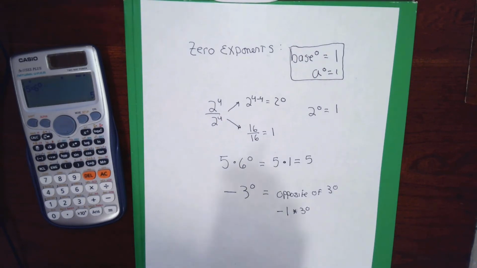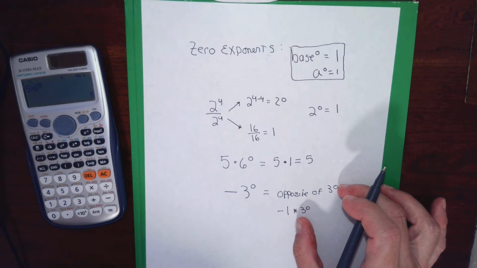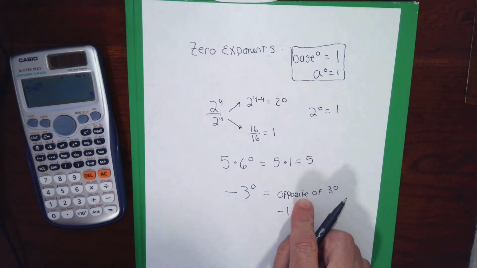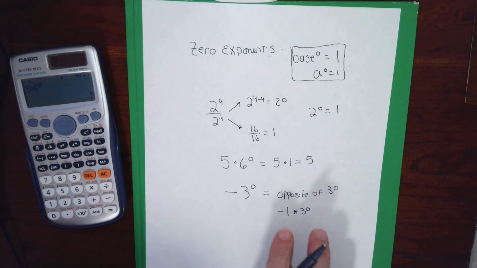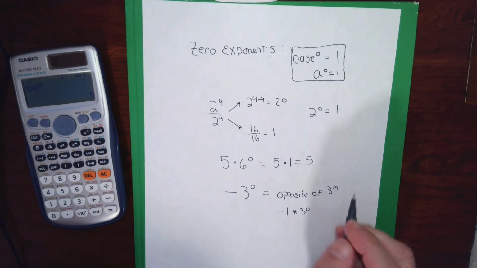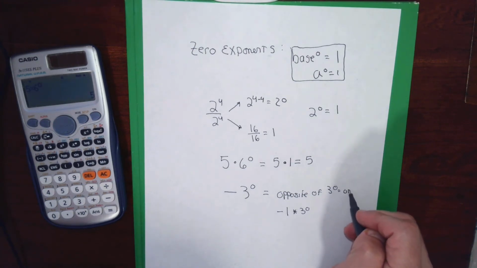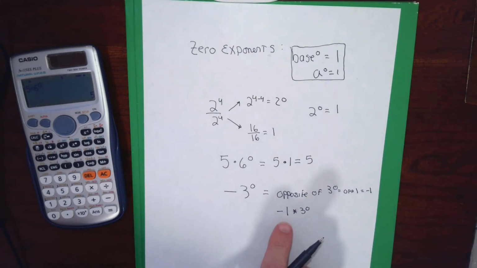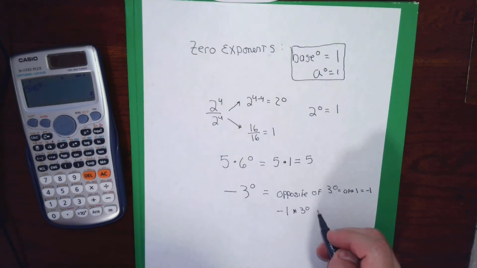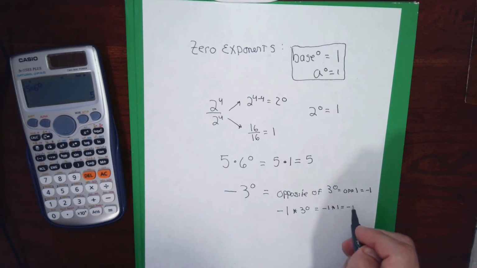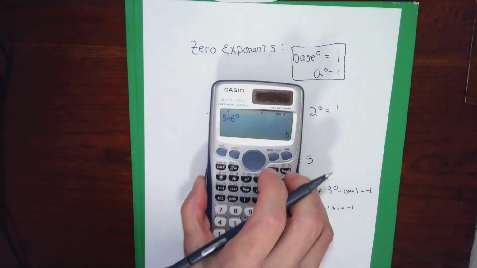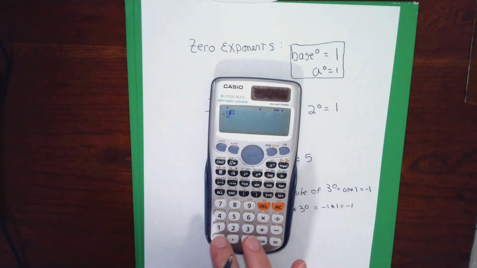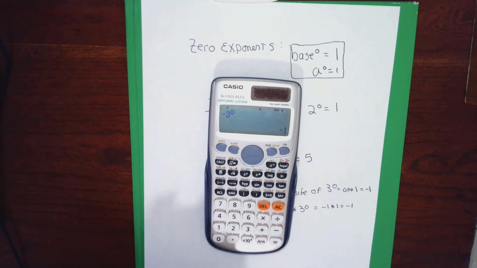In both instances, I'm just finding 3 to the 0 power and making it negative if I want to use the opposite strategy, or multiplying it by negative 1. So the opposite of 3 to the 0 is going to be the opposite of 1, and the opposite of 1 is negative 1. Using this strategy, coefficient times a base to the 0 power, the base to the 0 power is equal to 1, and then I'd multiply. On my calculator, negative 3 exponent 0 power is equal to negative 1.